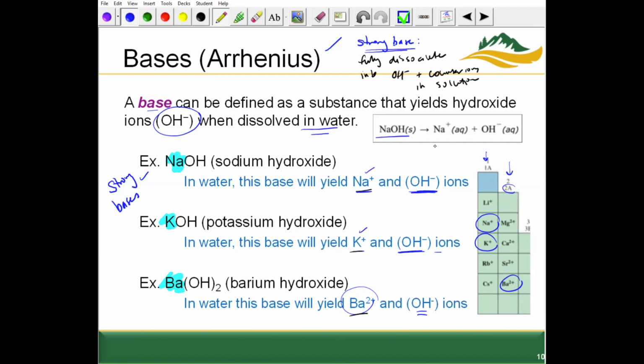So sodium hydroxide, we recognize this as a group 1 element. It could also be a group 2 element that leads to a strong base, where this strong base fully dissociates into Na+ and OH-. This also applies for other alkali and alkaline earth metals on the periodic table. We can have calcium hydroxide, magnesium hydroxide, lithium hydroxide, so any of these group 1A or group 2A metals listed here.